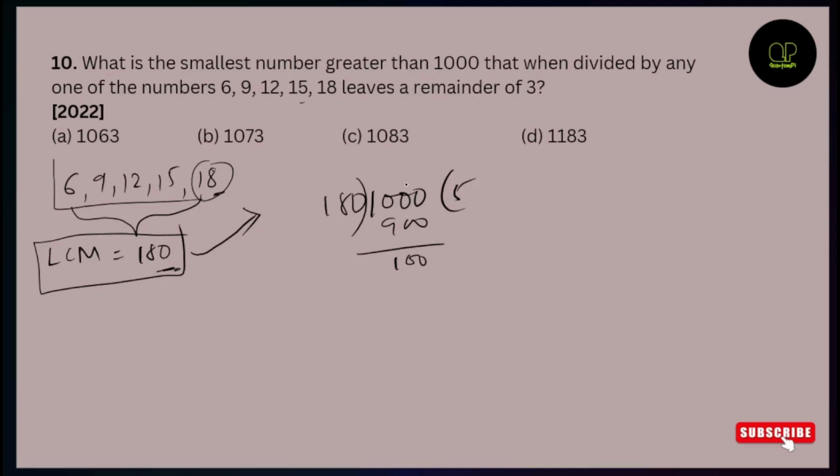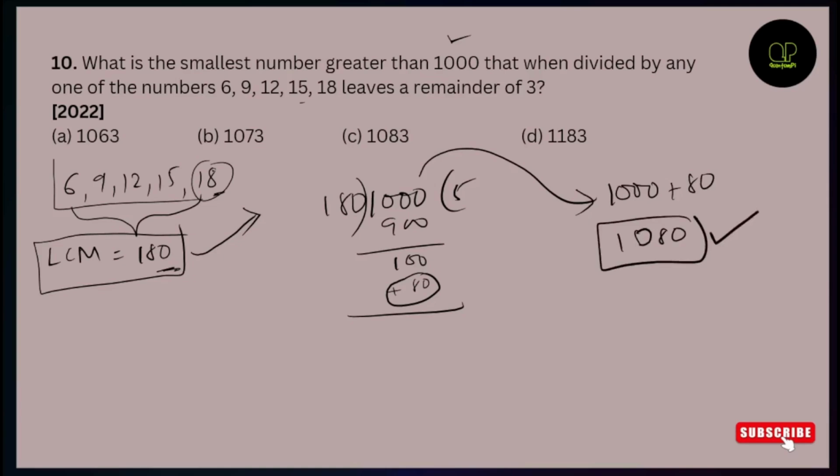If you subtract that 100 from 1000, it is exactly divisible, but it becomes a 3-digit number. We wanted a number greater than 1000. So to make this divisible by 180, I need to add 80. So your number has to be 1000 plus 80, which is 1080.